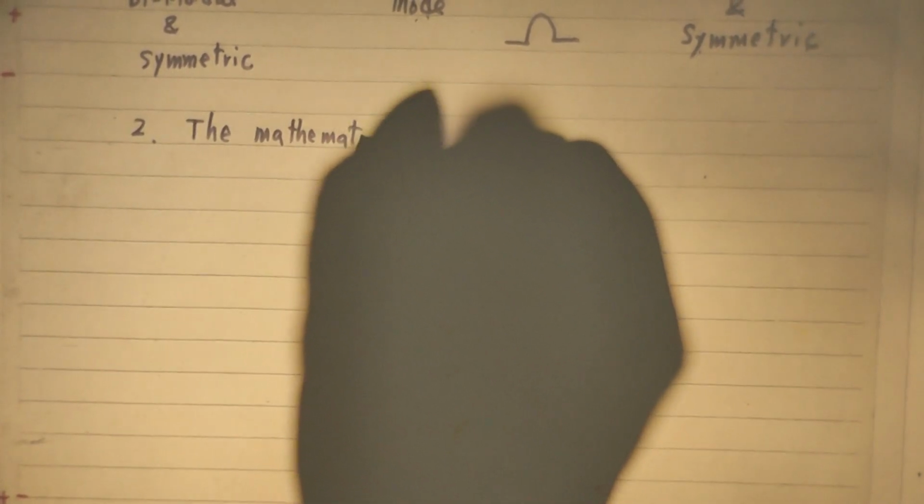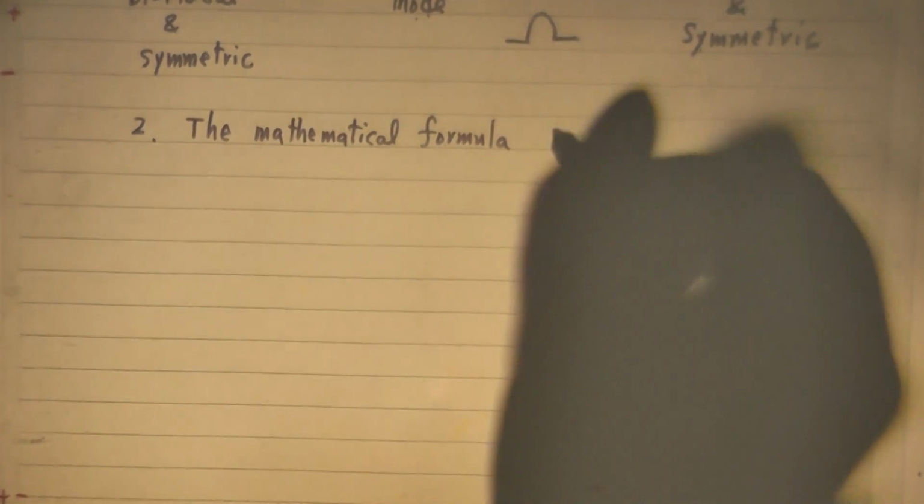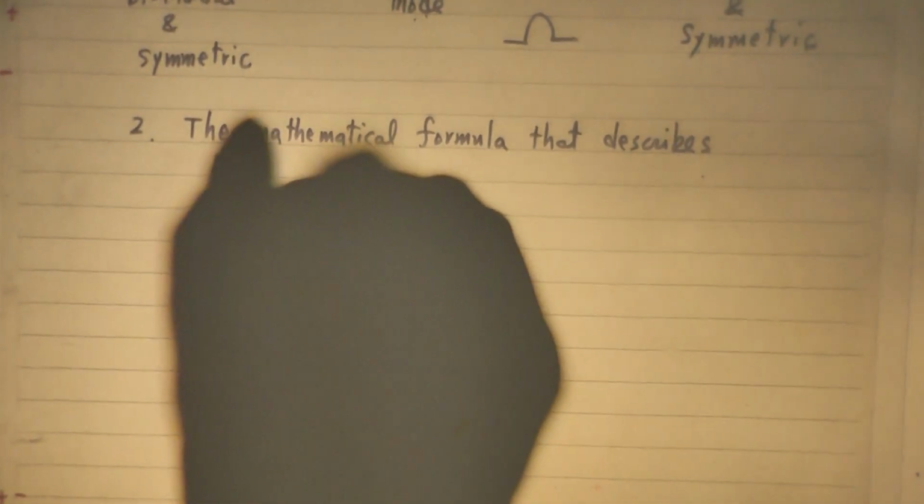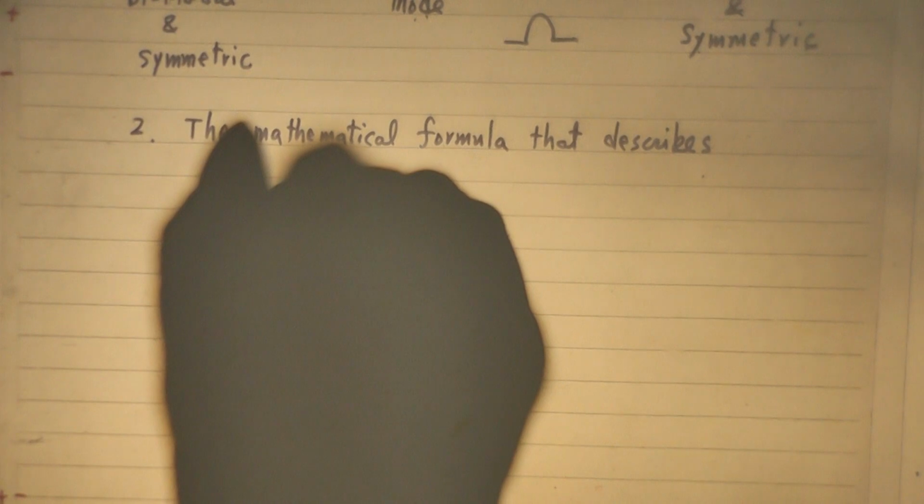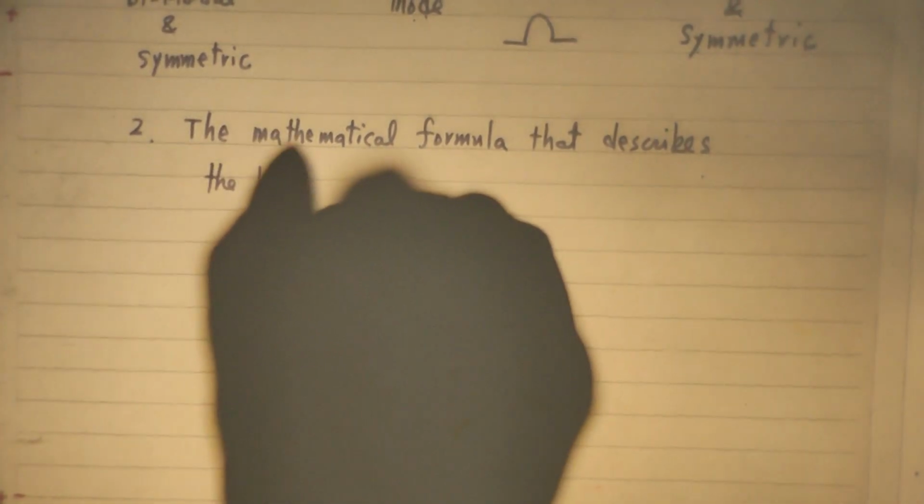Property 2. The mathematical formula that describes the normal density curve.